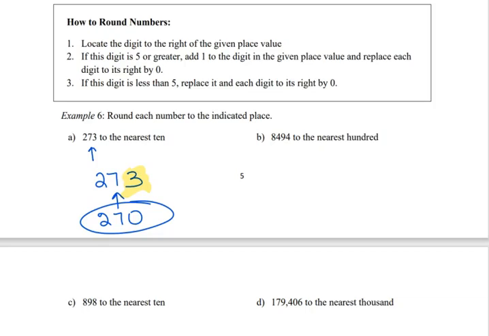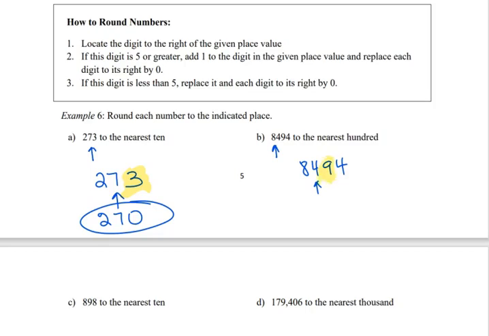So let's go look at B. You have 8494, and you need to round that to the nearest 100. Let's locate the hundreds place, which is your first 4 in the number. 8494. This is where we stop. We either have a 4 here, or we might go up to a 5. Let's take a look at the next digit, which is a 9.